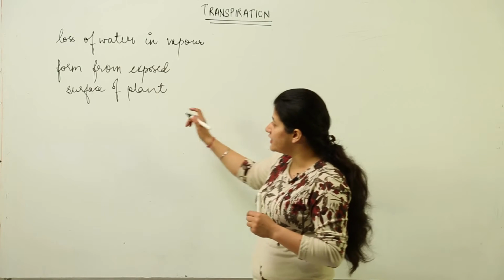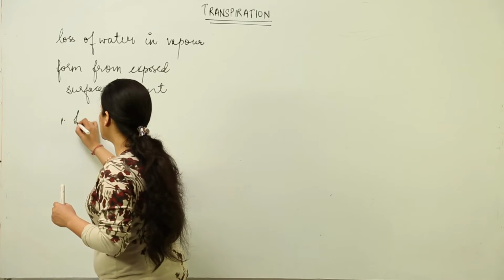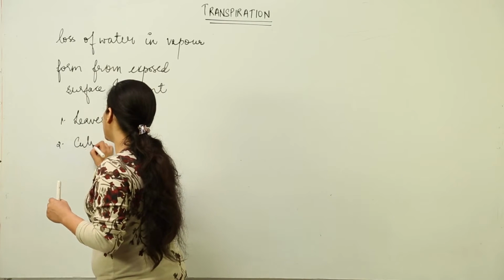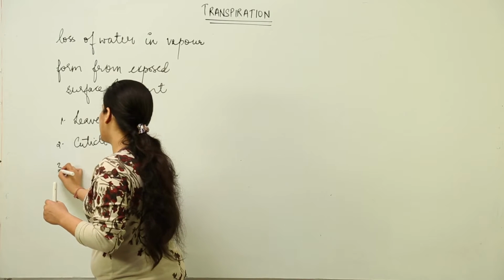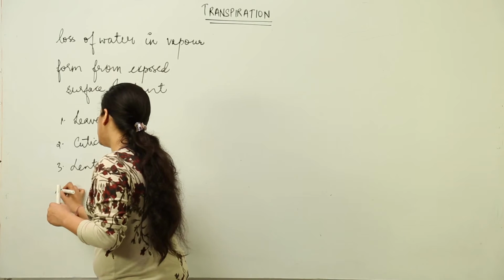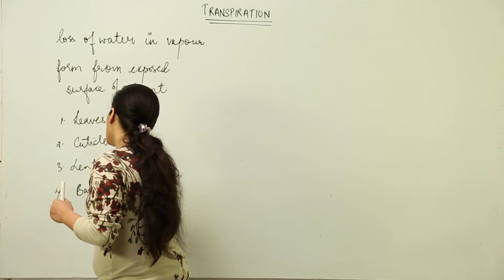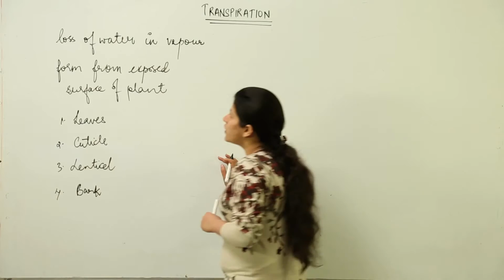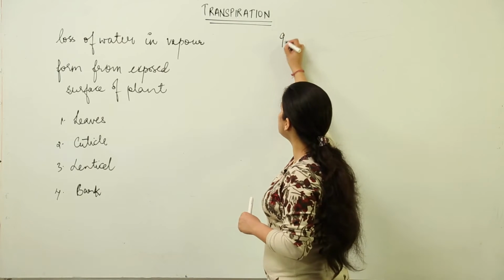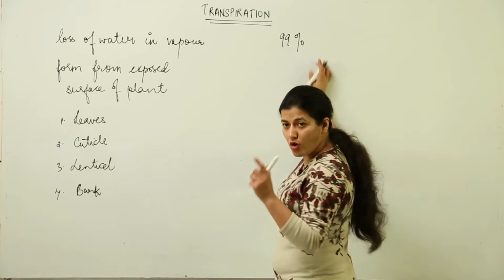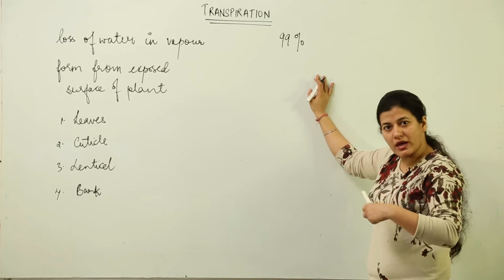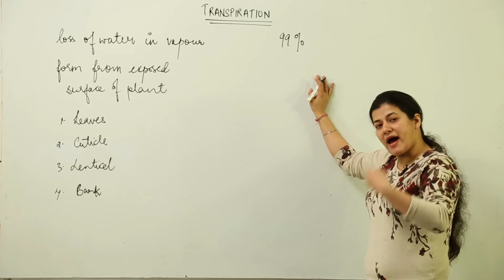So, we have the leaves, the cuticle and lenticels and a little bit of bark of the tree that plays an important role in the loss of water from the plant. As much as 99% of absorbed water from the roots is given out in the form of water vapors back to the atmosphere.